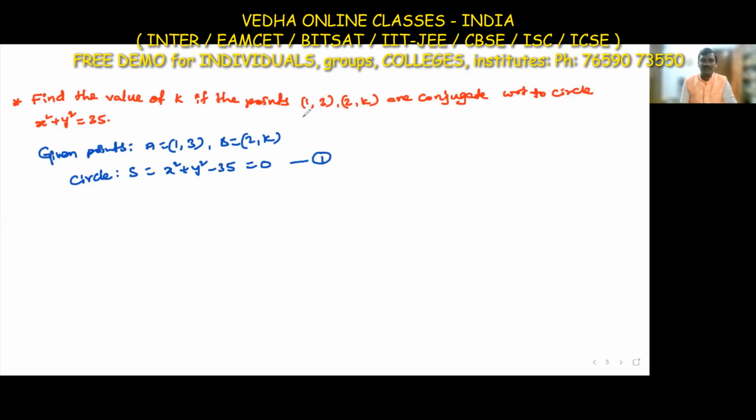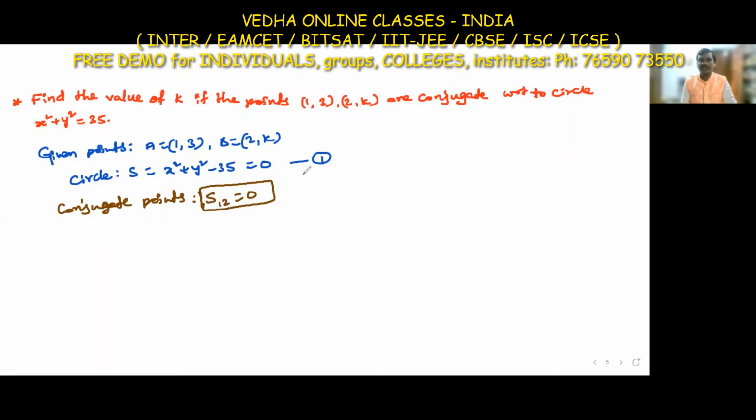Okay, so now conjugate points. If two points are conjugate points, the formula is S12 equal to 0. What is meant by S12?